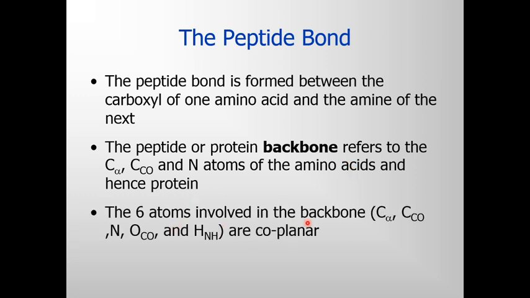The 6 atoms involved in backbone are C alpha, C CO, N, O CO, and H NH. These 6 atoms are coplanar. I'll explain it to you in the next slide as to what these 6 atoms are. But essentially, the backbone of a protein is the peptide bond.